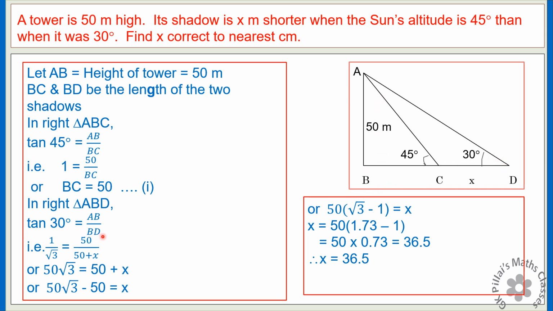Tan 30 equal to AB upon BD. 1 by root 3 equal to this, 50 upon 50 plus x, cross multiply, and you will get 50, you take it to the other side, take 50 common, you will get 50 into root 3 minus 1 equal to x. You can substitute the values and simplify, you will get 50 into 0.73, that is 36.5. So the value of x is 36.5.